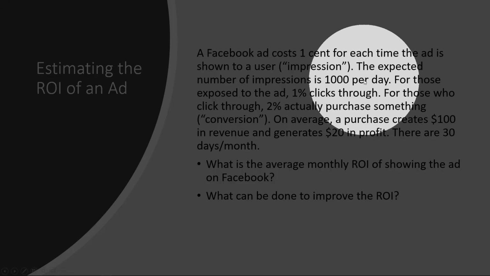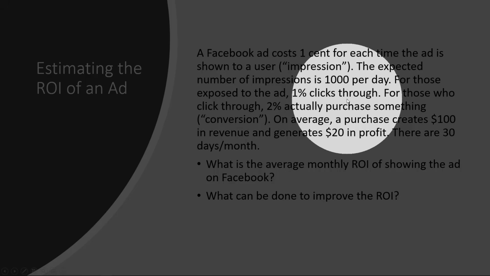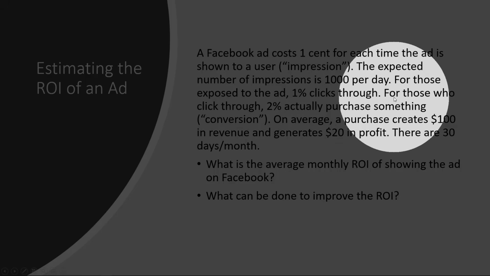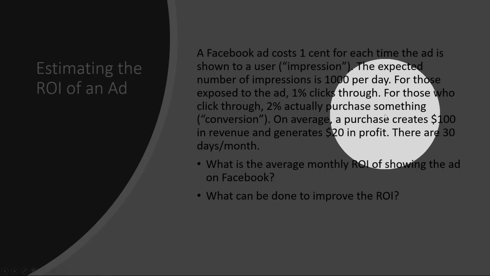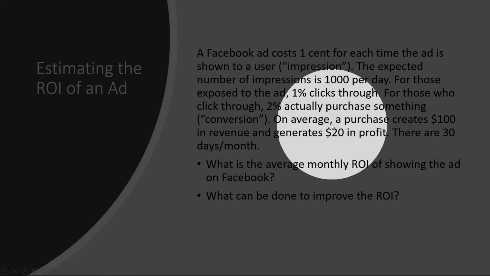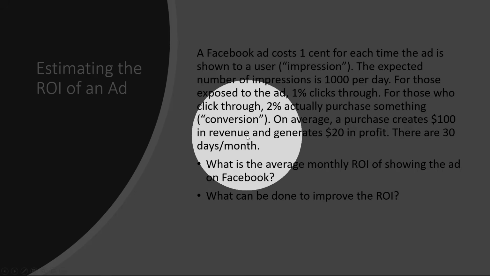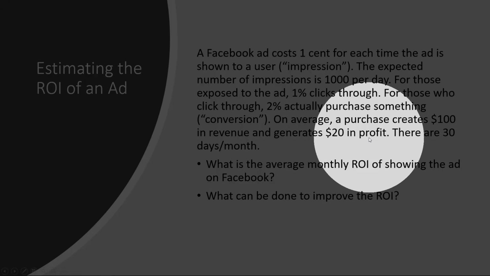And for those exposed to the ad, 1% clicks through. And for those who click through, 2% actually purchase something at your website. And then on average, a purchase creates $1,000 in revenue and generates $20 in profit.